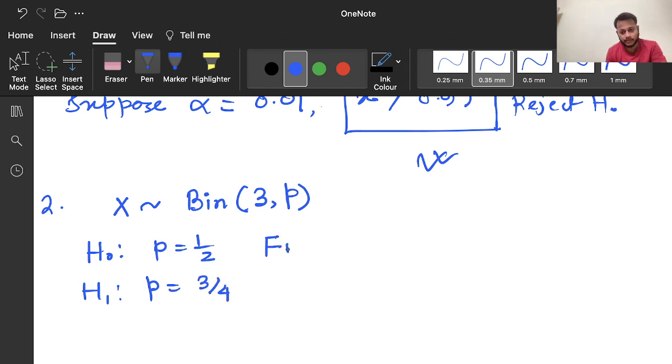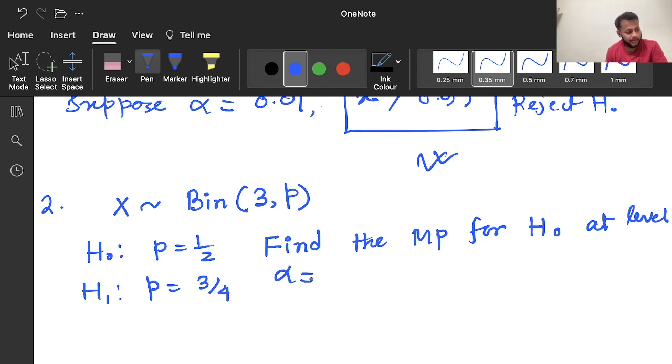Now find the MP test for H0 at level alpha equal to 0.05.